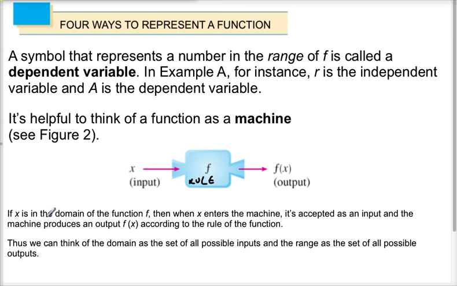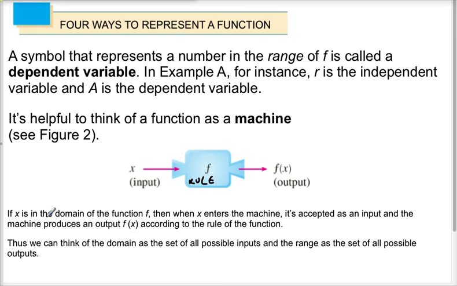So for example, in the first situation I gave you, r is the independent variable and a is the dependent variable, where r represents the radius of the circle and a represents the area. So as you change the radius of the circle, what will be affected is in actuality the area of the circle. The area will get bigger or smaller depending on how you affect the radius.